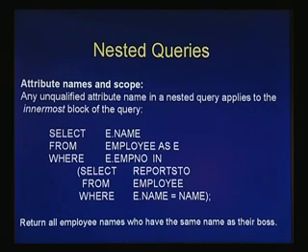Therefore, in the inner query when I say select reports to, that is, give me the set of all employee IDs of the bosses of all employees where the name of the employee is the same as the name of the boss, E.name here would be the boss, because I am looking for E.employee number to occur within this set of all employee numbers who are bosses. So, the query essentially returns all employee names who have the same name as their boss.